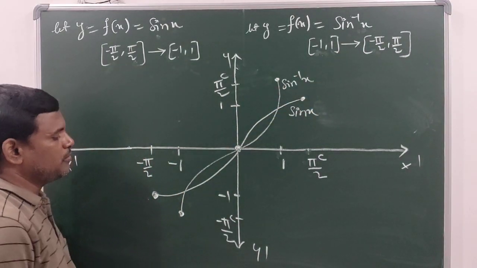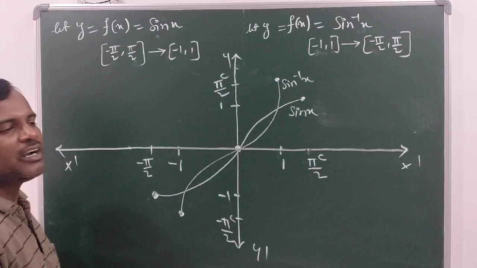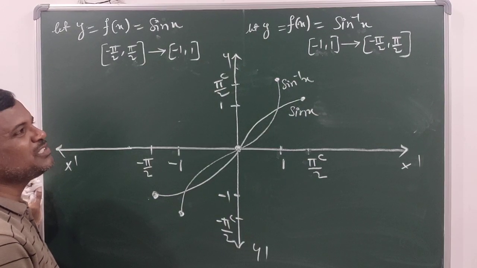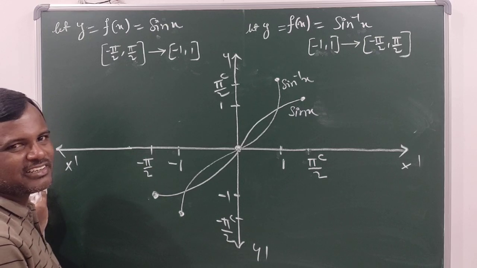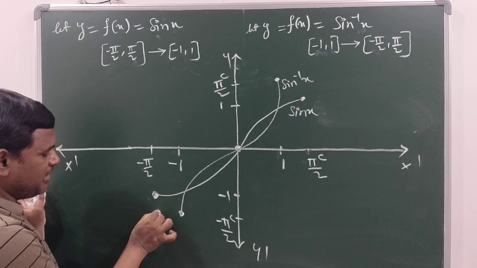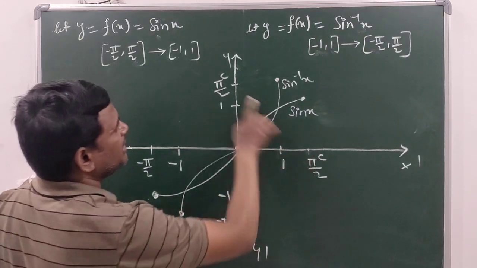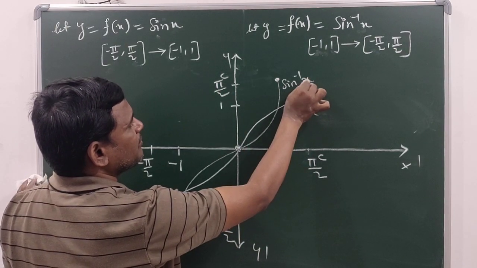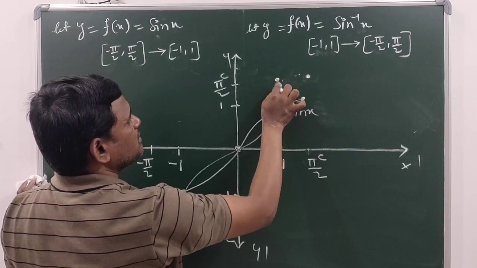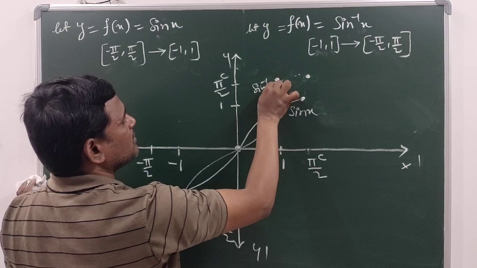Right. Now observe, how are these two graphs? Both are mirror images with respect to the y equal to x line. Okay. So here minus 90, here plus 90, somewhere here you may get. This is the graph of sin inverse of x.